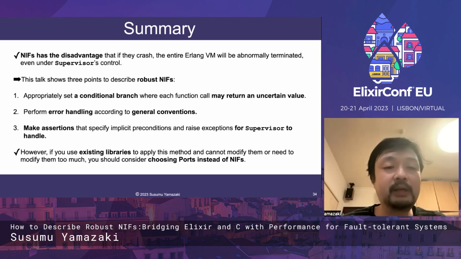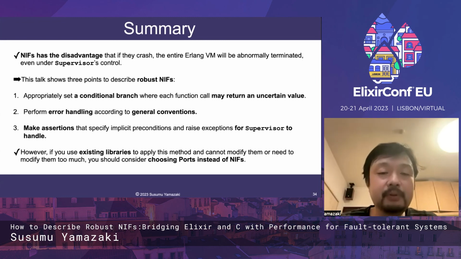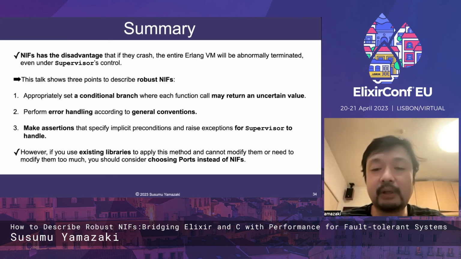Perform error handling according to general conventions, and make assertions that specify implicit preconditions and raise exceptions for the supervisor to handle. However, if you use existing libraries to apply this method and cannot modify them or need to modify them too much, you should consider choosing ports instead of NIFs.